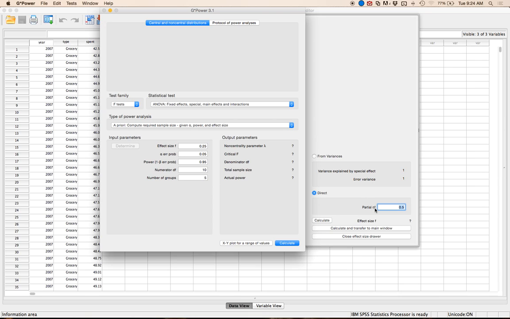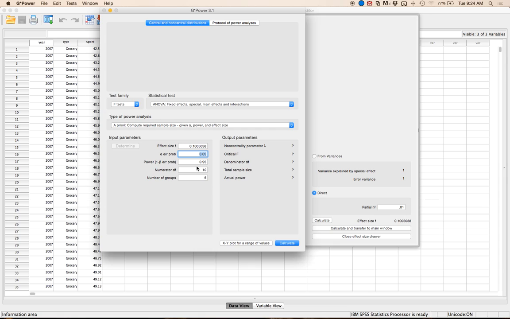You'll see it says partial eta squared, because we've got multiple variables going on. Let's make that small, so 0.01. I'm going to hit calculate and transfer to main, and you'll notice it changed the effect size f over here. I left it medium in the notes, but we can play with it here.